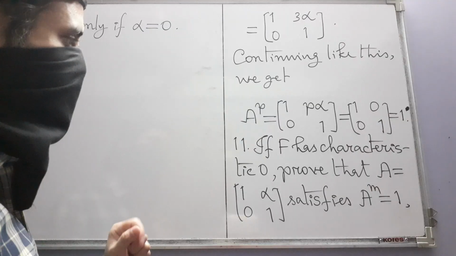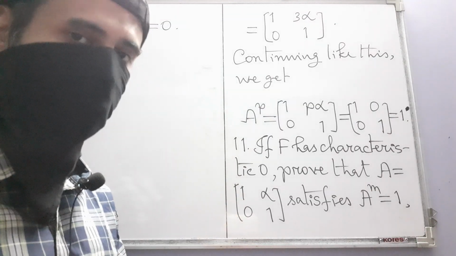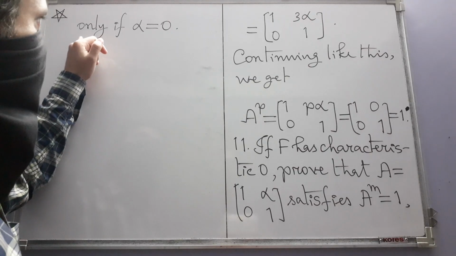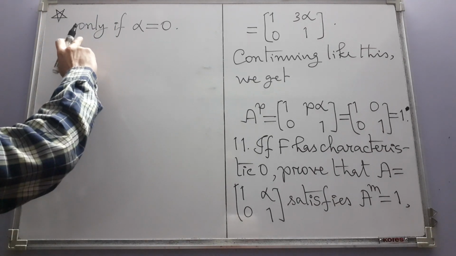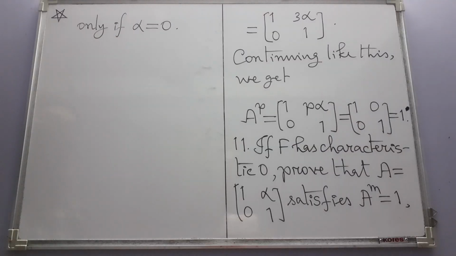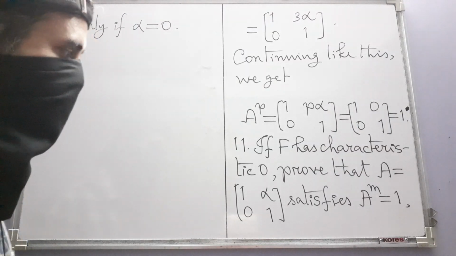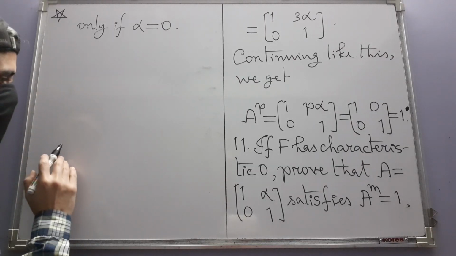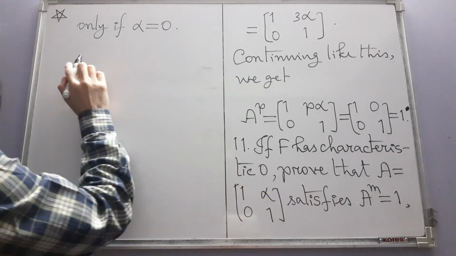Okay. So what type of implication are we being asked to prove here? What should we mean by only if? If in place of only if we had simple if, then the implication would have been like this: if alpha is 0, then this is true.